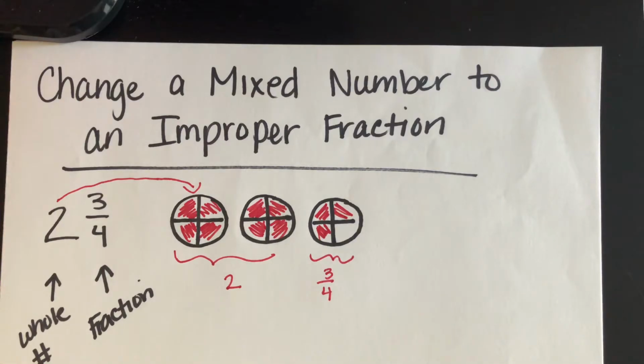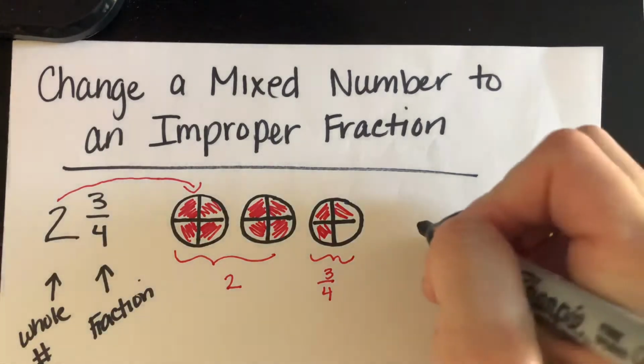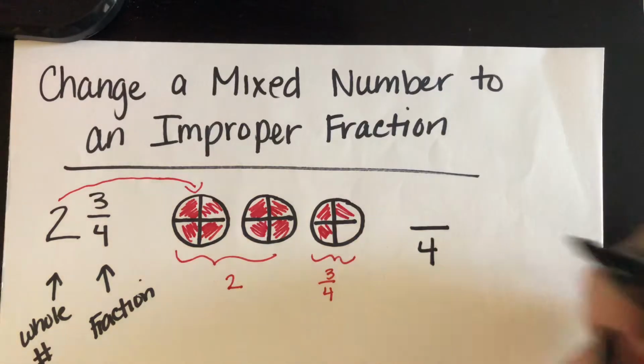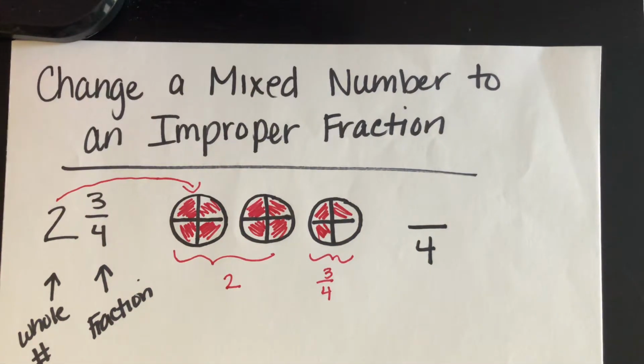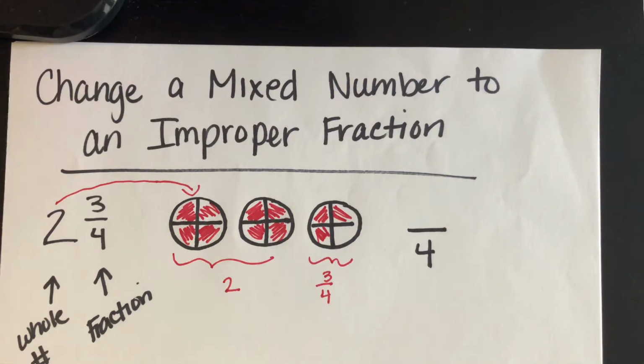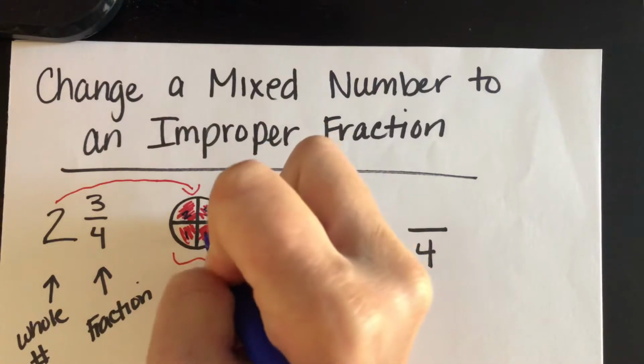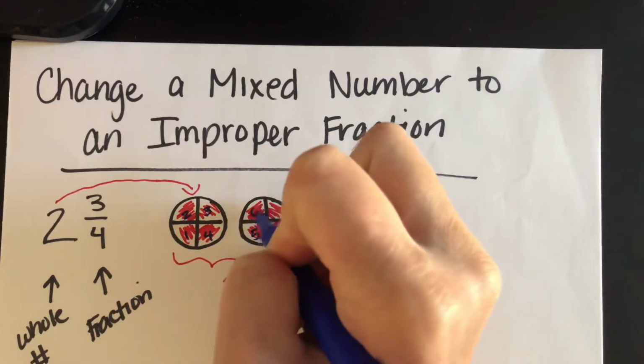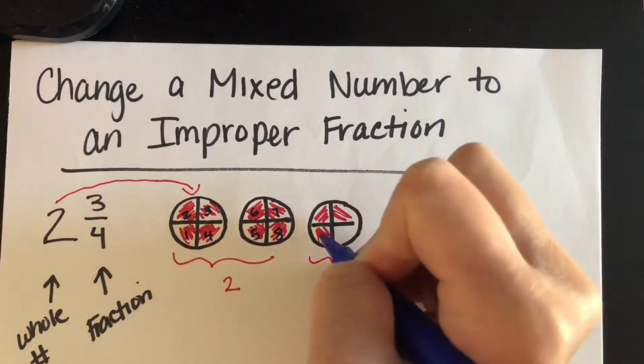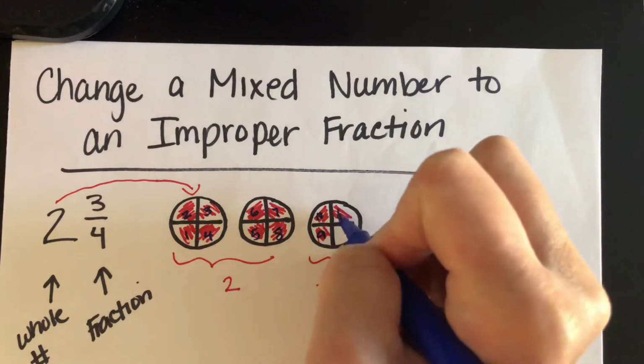So to turn it into an improper fraction, I need to know how many fourths do I have total? Well, if I were to count them, I have 1, 2, 3, 4, 5, 6, 7, 8, 9, 10, 11.